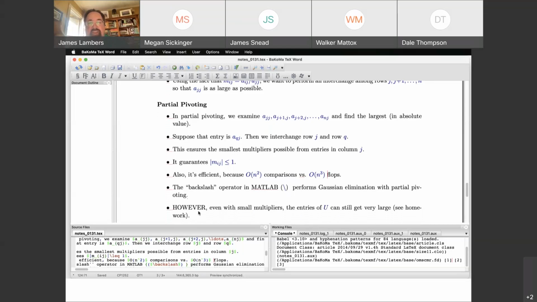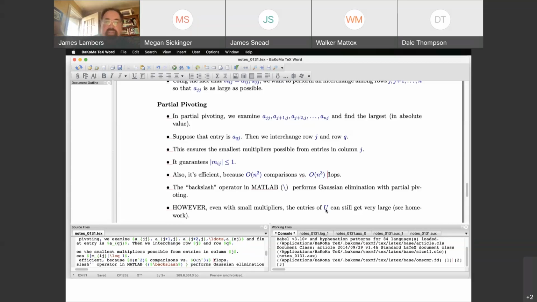But it's not always effective. It can happen that even when you use partial pivoting, even though the multipliers will get small, the entries of U can still get very large, and that's still a problem, because when you go to perform back substitution later, you're multiplying elements of your solution by entries of U, and if those are large, that again will amplify whatever round-off error is there.